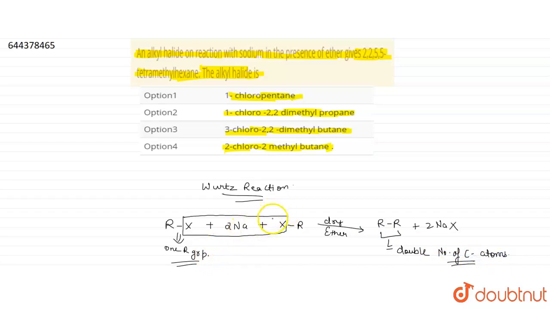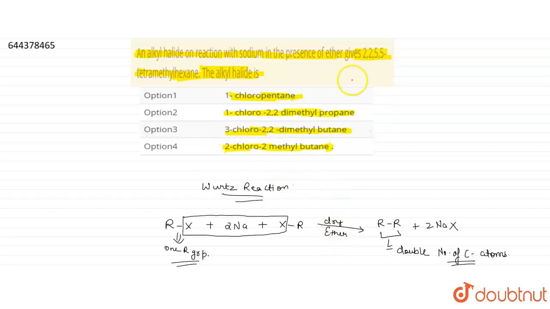So this is a very basic Wood's reaction in which we form an alkane with double the number of carbon atoms from that in the alkyl halide by using Na in presence of dry ether. So when an alkyl halide reacts with sodium in presence of ether, it will give an alkane with double the number of carbon atoms present in the alkyl halide.